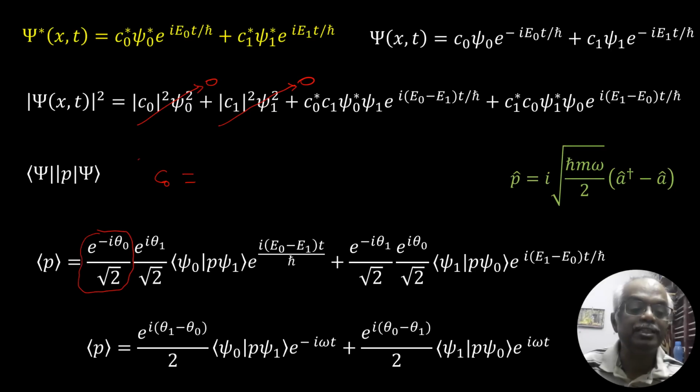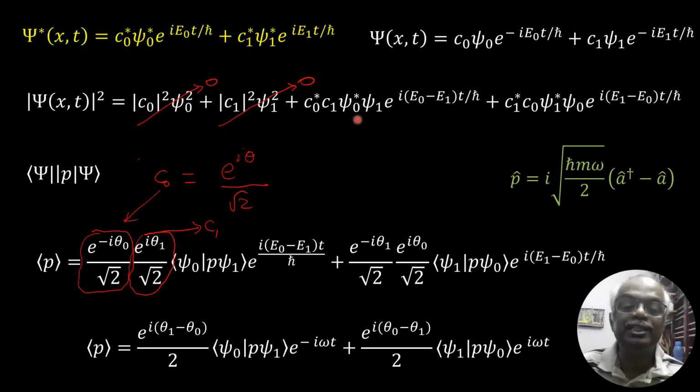This is c0, and this is the complex conjugate of c0. c0 is e^(iθ), the phase factor, divided by √2. The complex conjugate of this means the plus i becomes minus i. The remaining thing is c1, the second term is c1.